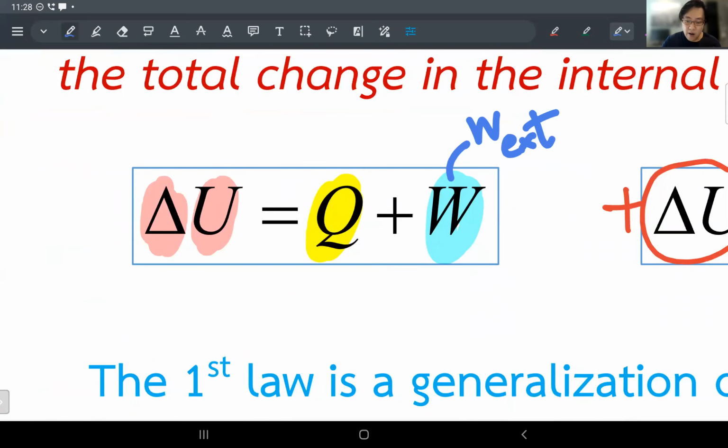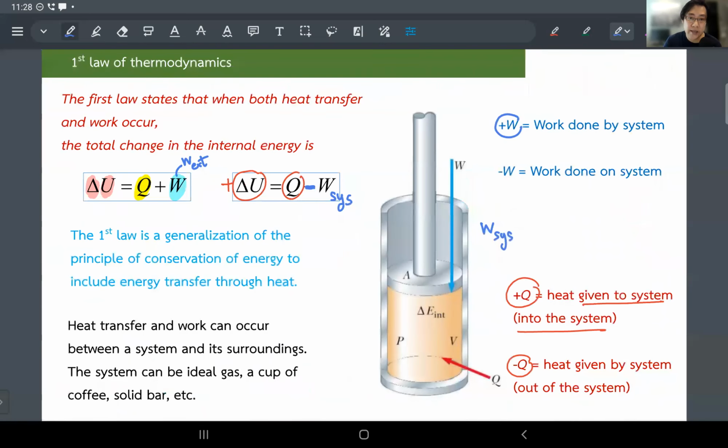So it turns out in our case, I don't know if I made a good decision or not, but because we stick with the system so much, from now on, I'm going to just call the W of the system just W. And maybe this is a bad decision because the reference texts use W to be the W external.